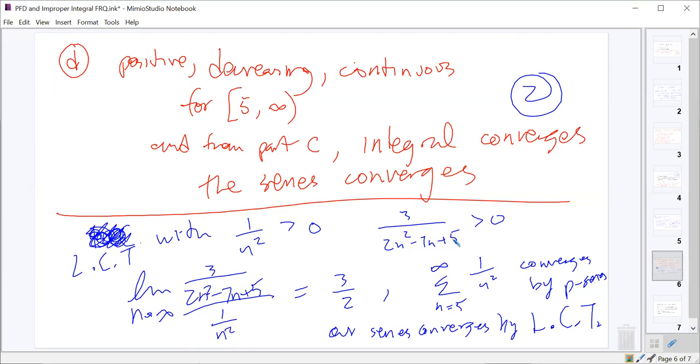Yeah, actually, we still could have. We just would have had to choose a number larger than 5 because 3 over 20 is not less than 1 over 25. So you would have had to find an n value here that made this always less than this.